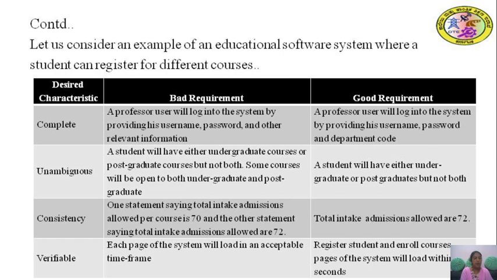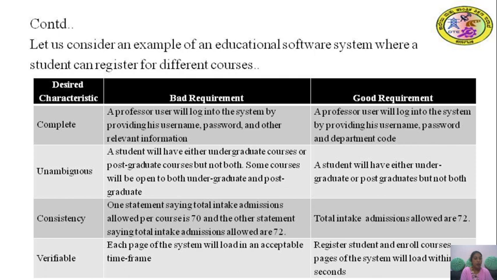First is that each page means there can be many pages, which is going to blow up the testing efforts. The other problem is that it says the page is going to load in an acceptable time frame. Now, what is an acceptable time frame? Acceptable to whom?